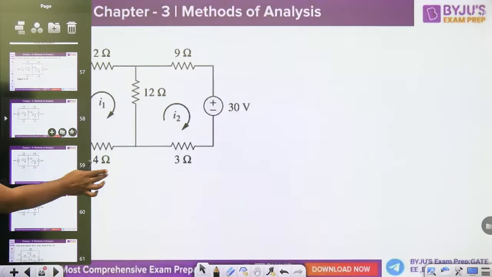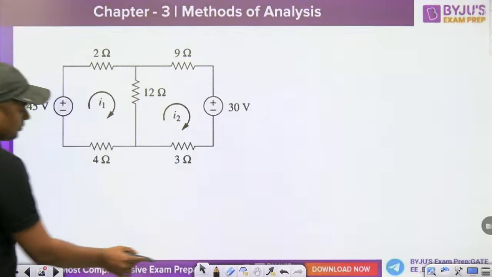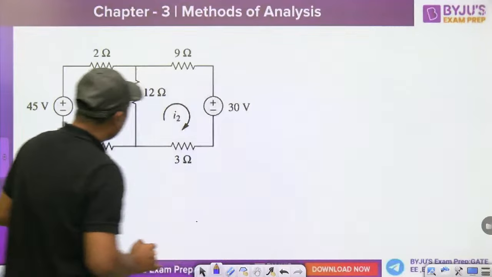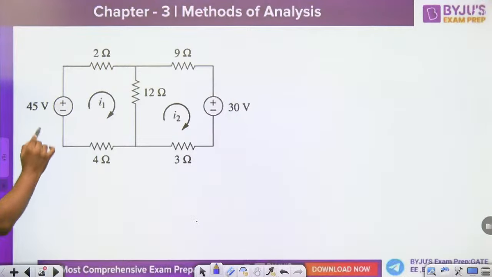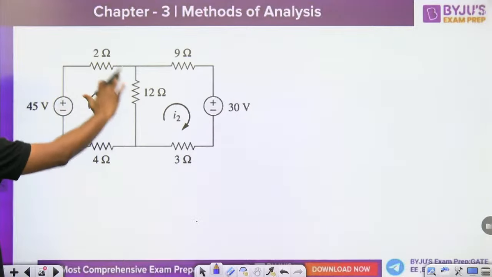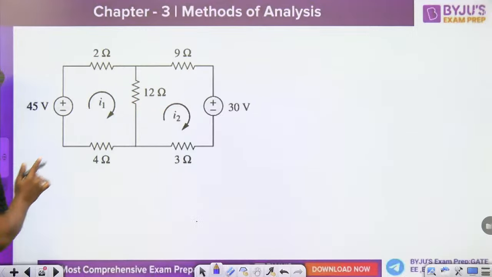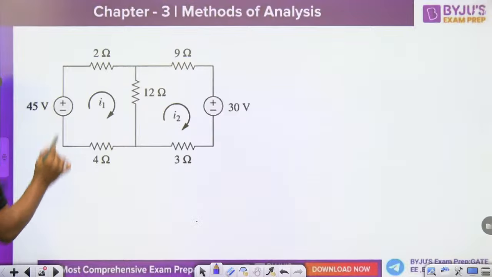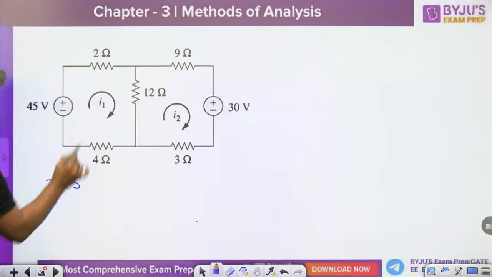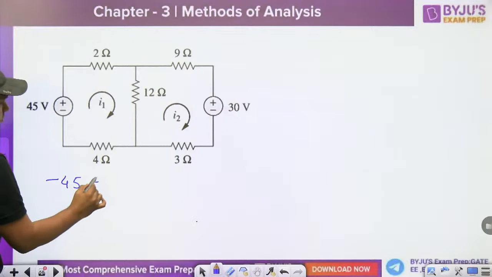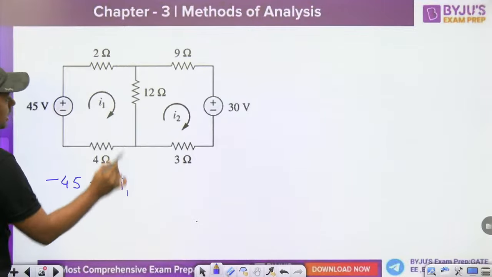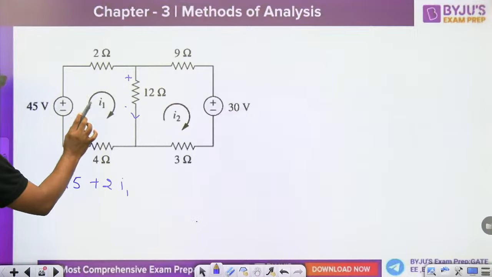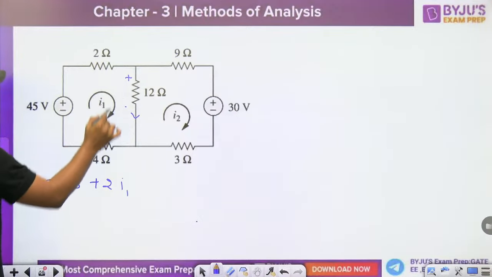Then first question. Now this is I1. In mesh analysis, this is a mesh, this is a mesh. These are called mesh currents. And then guys, you have to write the KVL here. This is minus 45, plus 2 into I1. And what is the current in the downward direction? That is I1 minus I2. I1 is in the upward direction, I2 is in the downward direction.